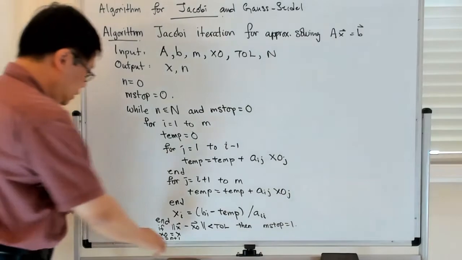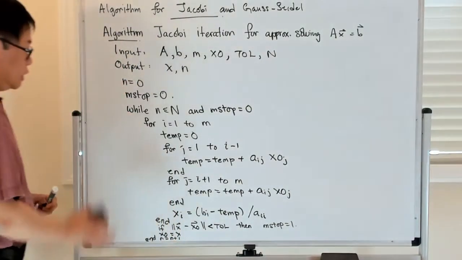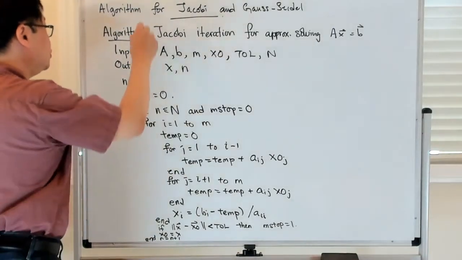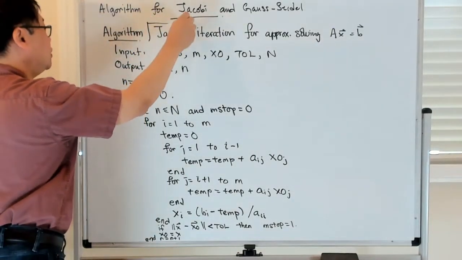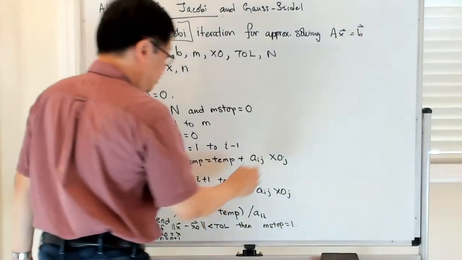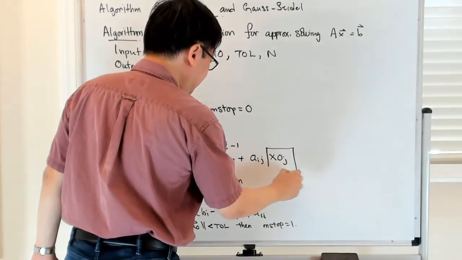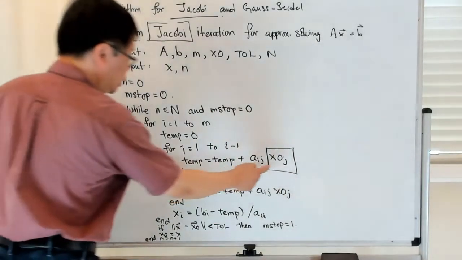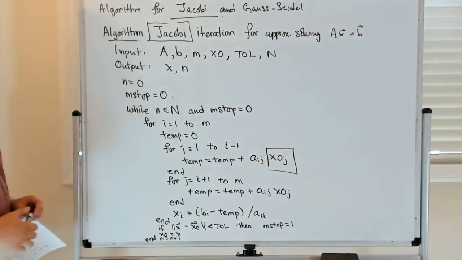Let me have you look at this, and then I'm going to change basically just two parts of it. I'm going to change Jacobi to Gauss-Seidel, and I'm going to change this entry here. So the bottom line is that if you code up the Jacobi iteration and you want the Gauss-Seidel code, you only need to change this entry in your code.